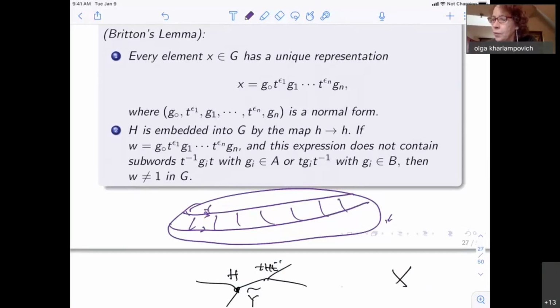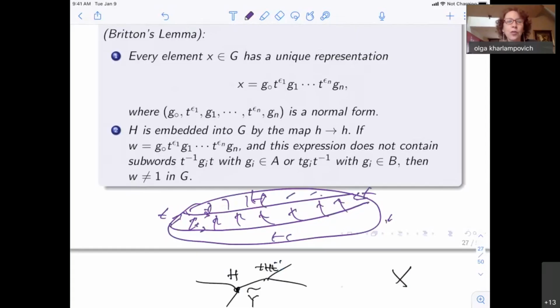If you have t on the boundary, then you have these letters t. This is why it is a passing letter: it goes from here to here, and you cannot do anything about these strips. The diagram consists of things in this group H and these t-strips.